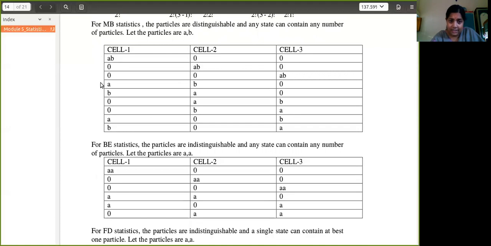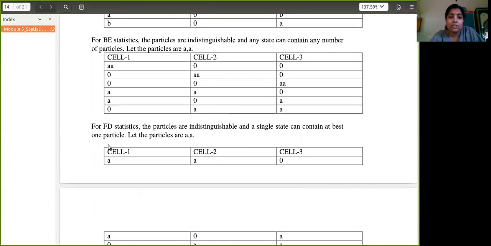Now among the last 6 combinations of Maxwell-Boltzmann, they are reduced to 3 combinations for Bose-Einstein, because if you interchange AB, you will get BA, but if you interchange AA, you will get the same combination. That is why we have only 6 combinations for Bose-Einstein statistics.